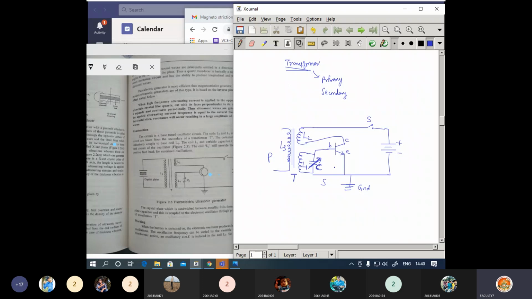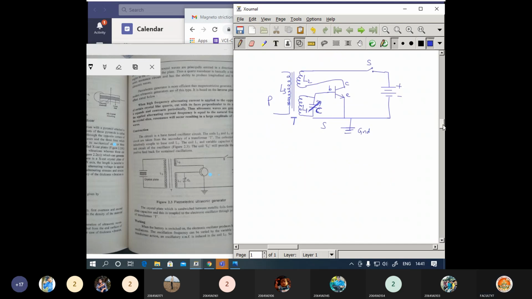So now we are going to get a variable voltage generation through this particular circuit. We are going to get a variable concept by means of L1 and C. If you change the value of C, the frequency will be changed.